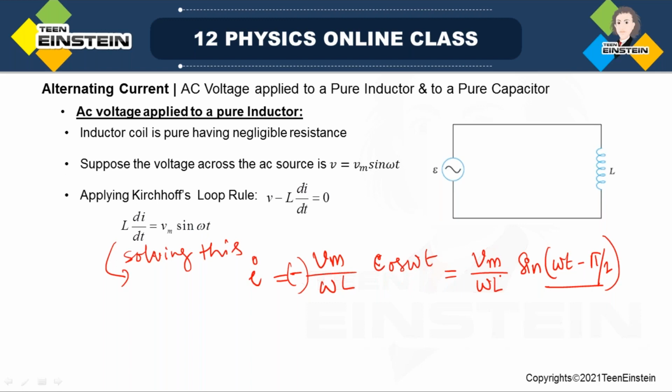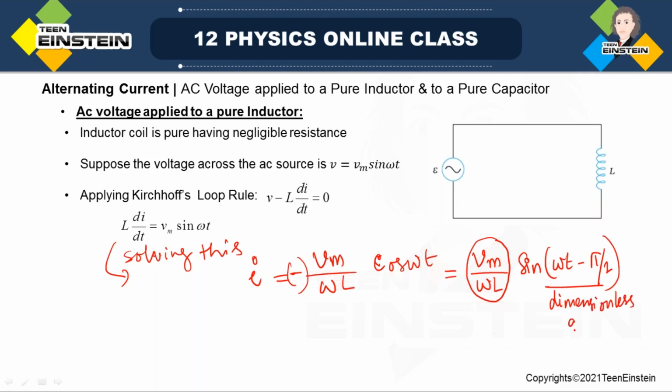Now let us take this part. We have learned in the 11th standard that any equation has to be dimensionally correct from both sides. That means this sine omega t is a dimensionless quantity.